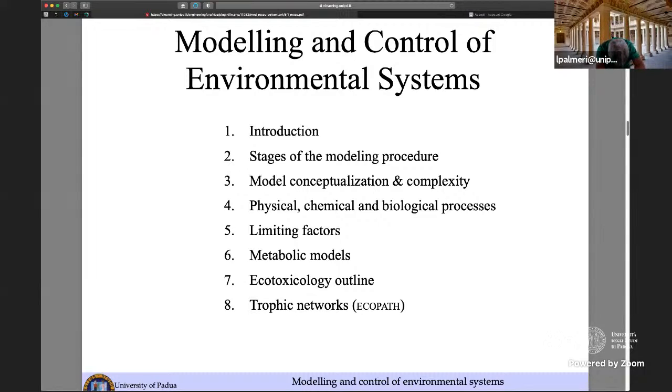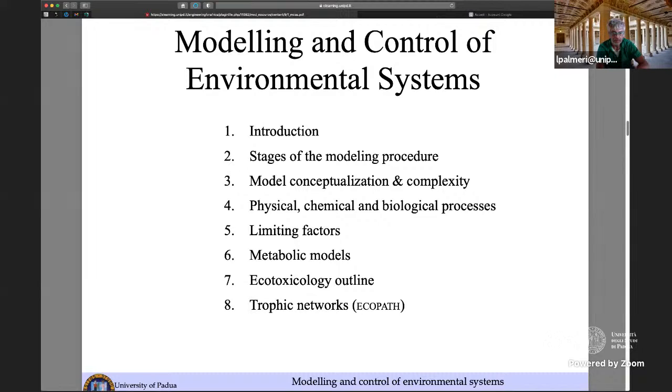During these discussions, we will deal with some very specific issues. For example, that of limiting factors. As we will see, limitation or limiting factor is a very relevant aspect in order to describe living systems.